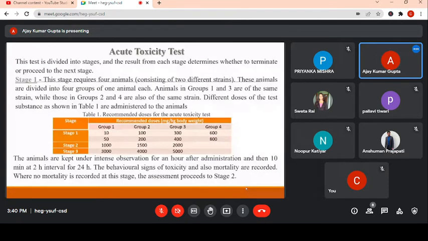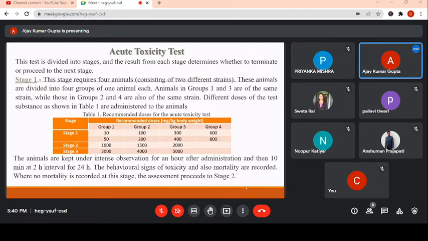Stage 1 requires 4 animals consisting of 2 different strains. This is mandatory; no modification or changes can be made. These animals are divided into 4 groups of 1 animal each. As you can see in the table, this is a very precise table created to explain from a single table.